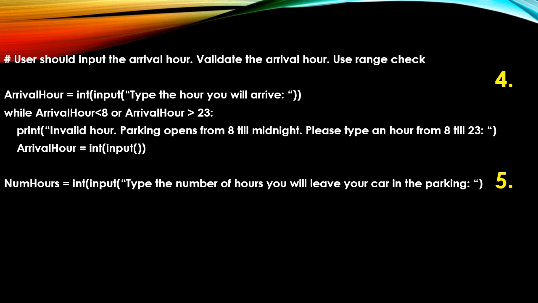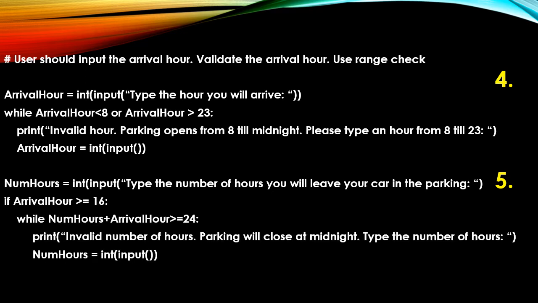The thing with num hours is you're going to have to do 2 validations. You're going to have to do 2 different range checks depending on the arrival hour. So we'll start with if arrival hour is greater than or equal to 16 o'clock. So if the person has arrived and is parking late, then we need to make sure that they've typed a number of hours that they will leave the parking by midnight.